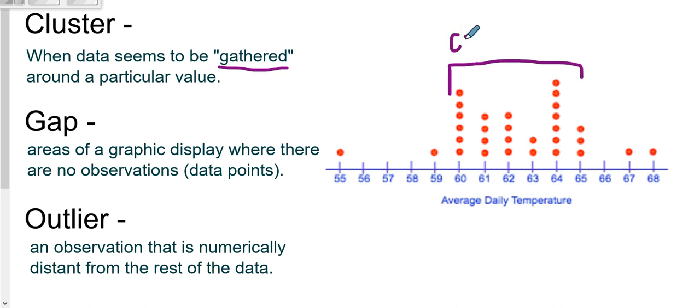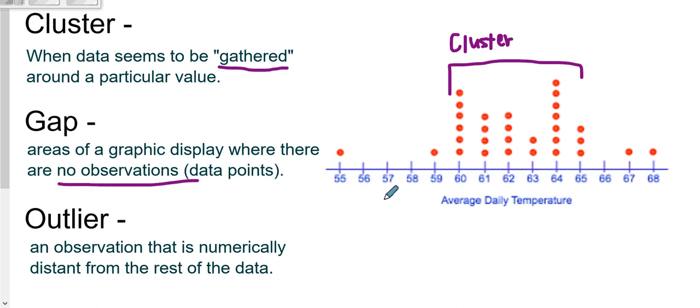Okay, when you have a lot of data points together all around the same number, that's what we would consider a cluster. Now a gap is an area on a graphic display where there are no observations, meaning that there are no data points.